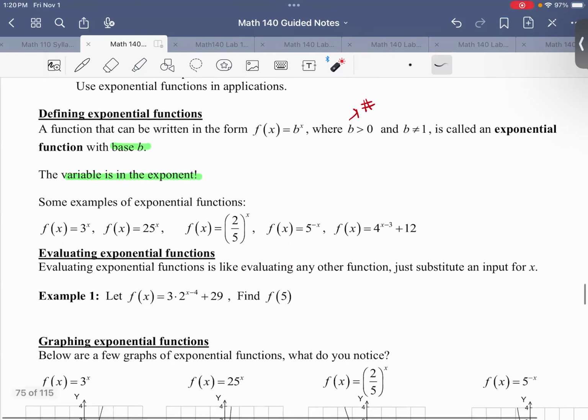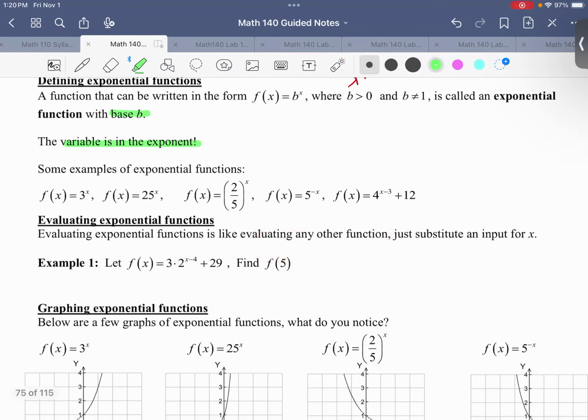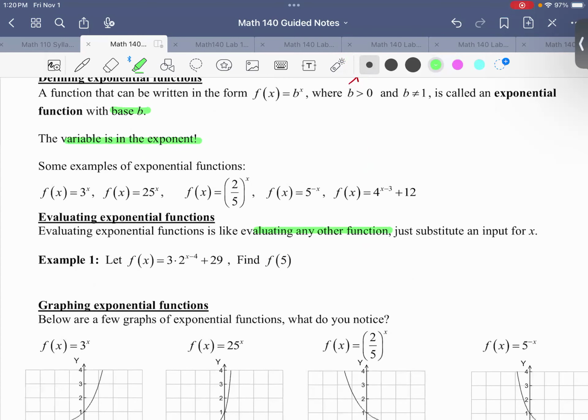Let's go ahead and look at evaluating exponential functions. Evaluating exponential functions is like evaluating any other function, where you are just substituting in an input for x. You're just substituting in a value for x and getting an output.